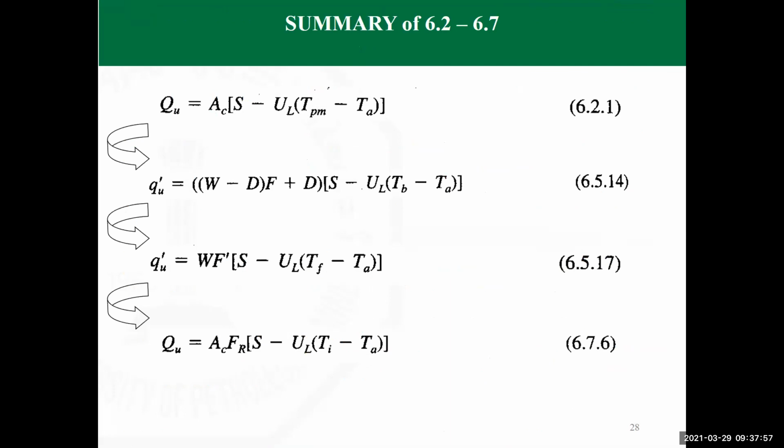This is the sequence of equations that we have seen earlier, looking at the value of useful Q and how this useful Q has developed as we are getting the detailed expressions of the transfer of heat in the x direction from pipe to pipe, which is a fin-like expression, or the change of the fluid temperature from the inlet of the pipe to the exit of the pipe, until we reach the expression of QU that is given as a function of the heat loss parameter, which is FR. So this is sort of a sequence that we have gone through in our analysis so far.